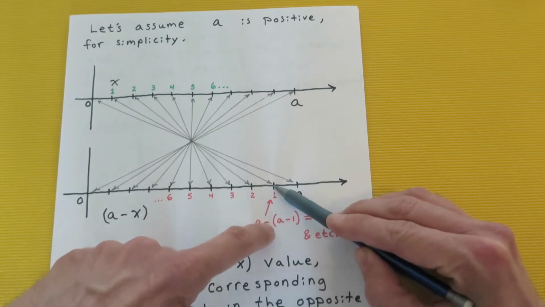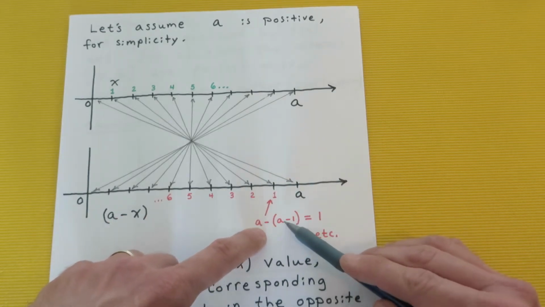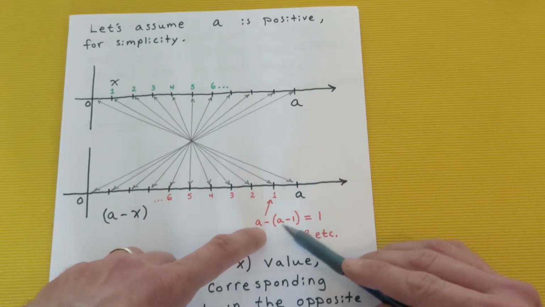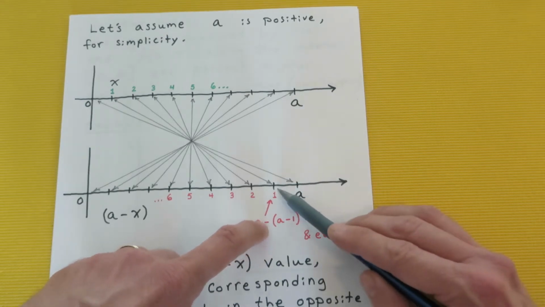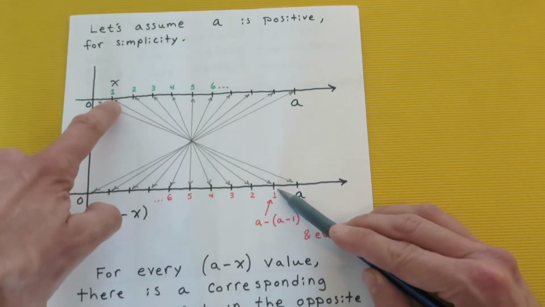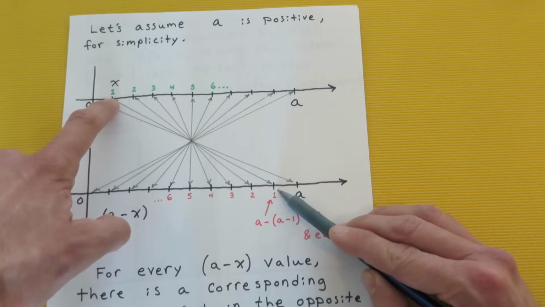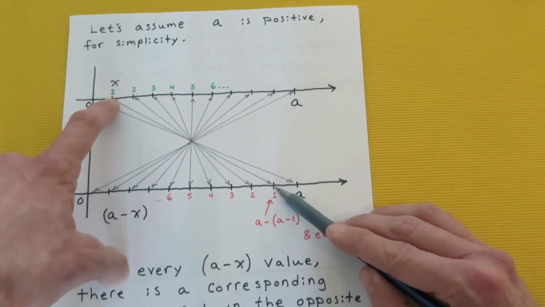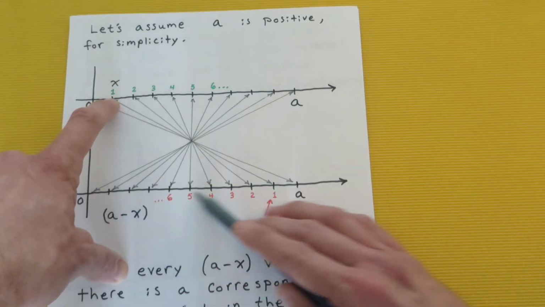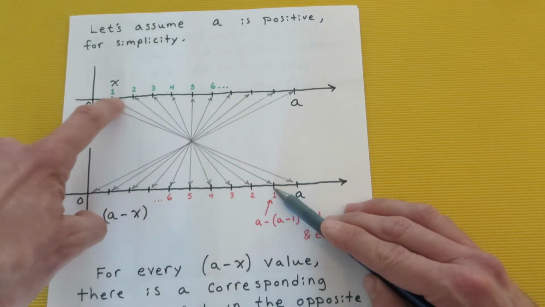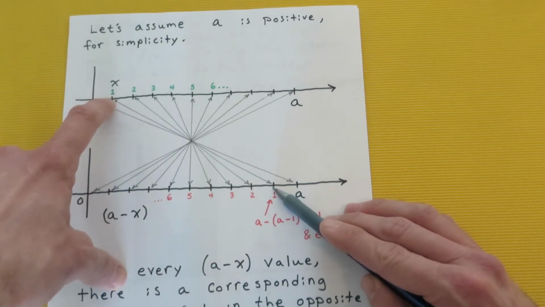For example, here we have a minus 1, and if you just do the algebra here, that's going to equal 1. Well, you go over here and we have a 1 here when x is equal to just 1. So in other words, the input of this function here is the same as the input of this function over here.